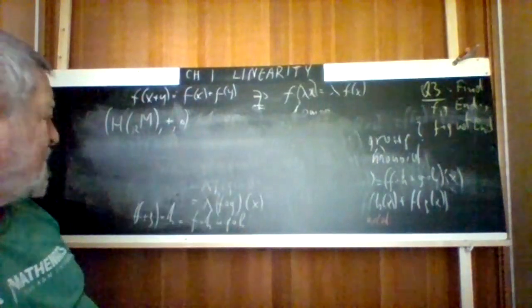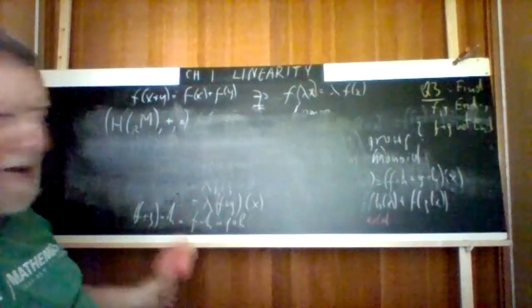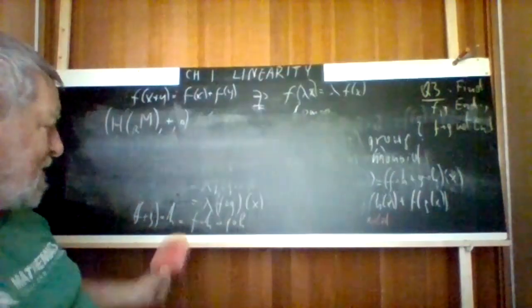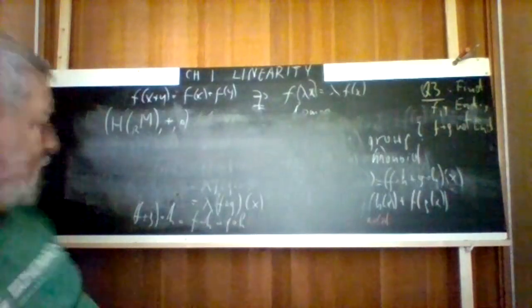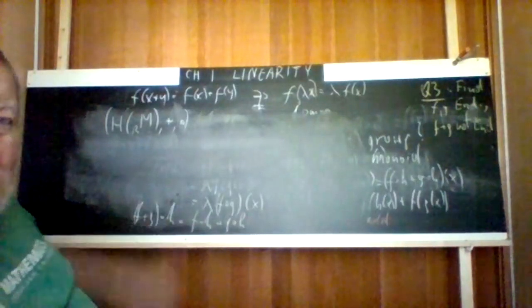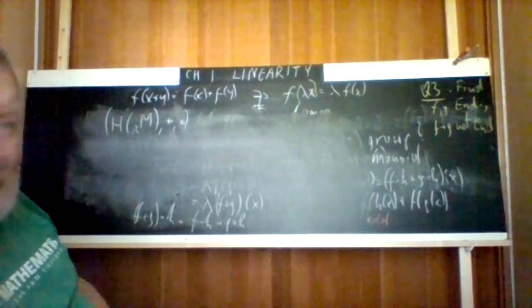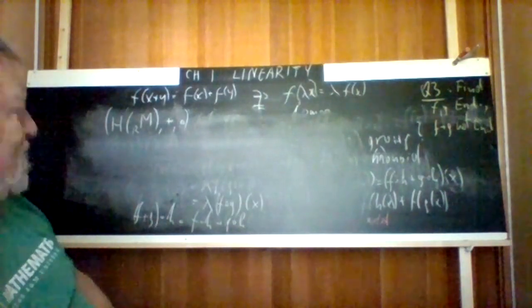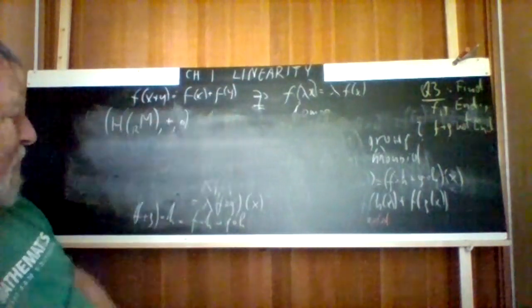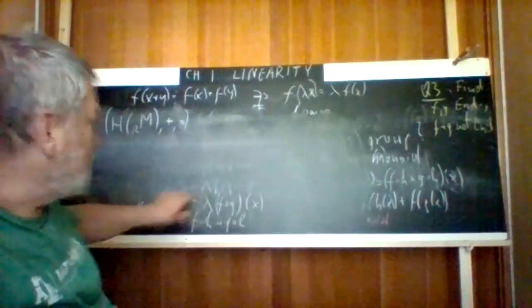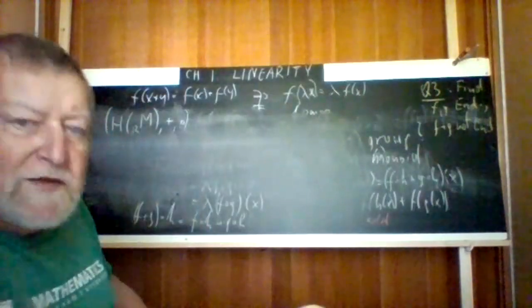This is the other distributive law. And you see that the other distributive law has to do with the fact that the first function F has to be linear, additive, and homogeneous.